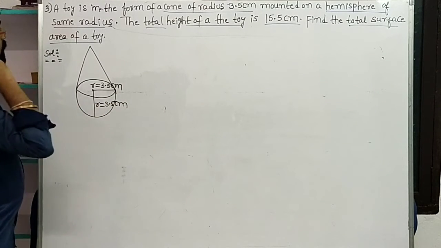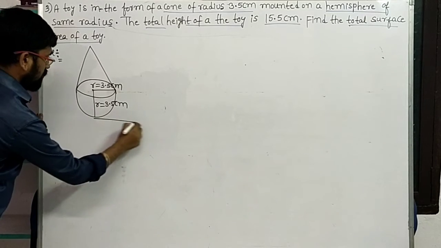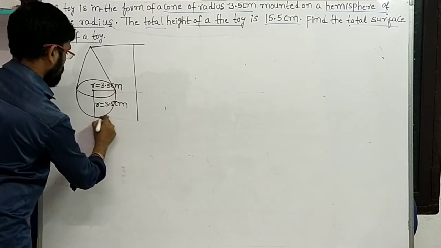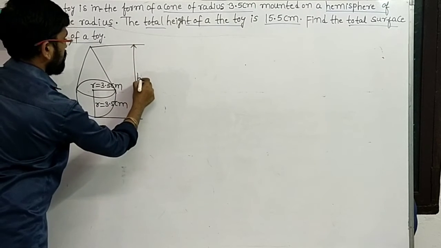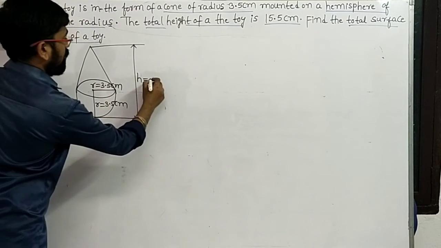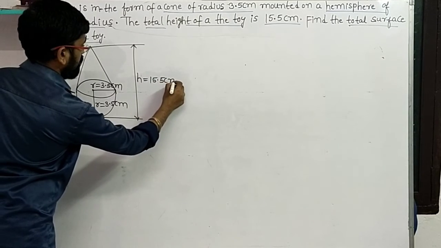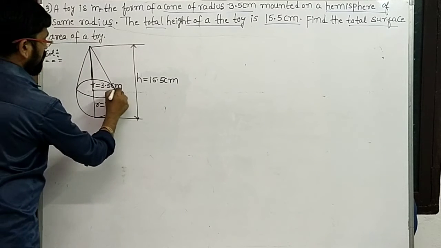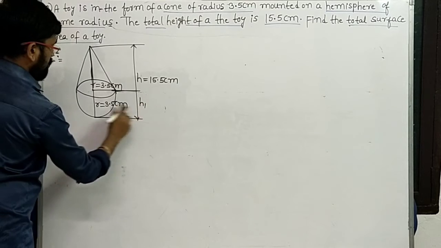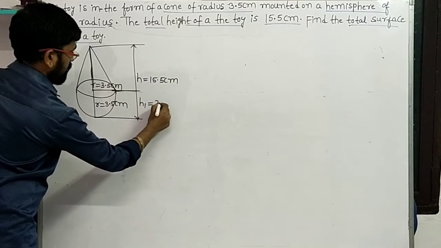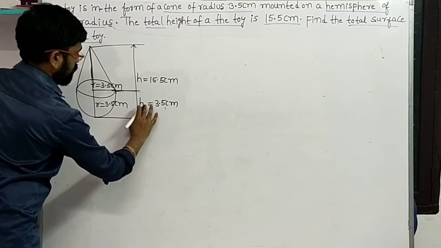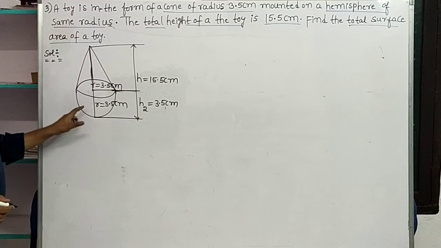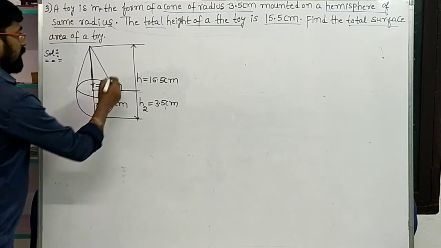They have given this total height h equals 15.5 centimeters. The height of the cone up to here is taken as h1, and the height of the hemisphere is h2.